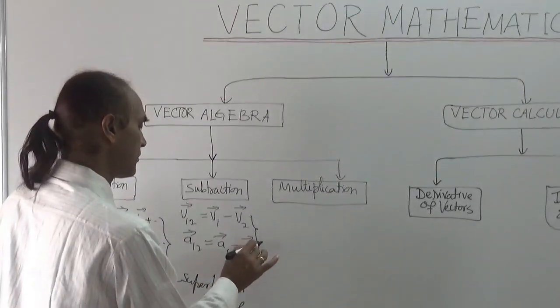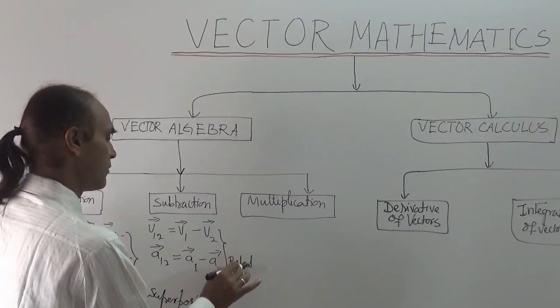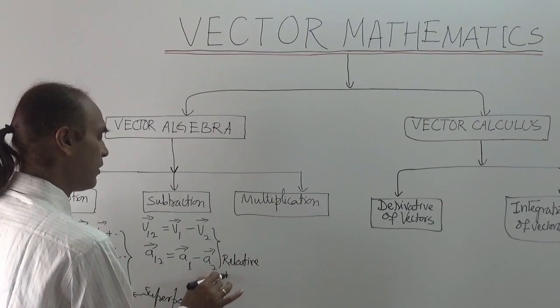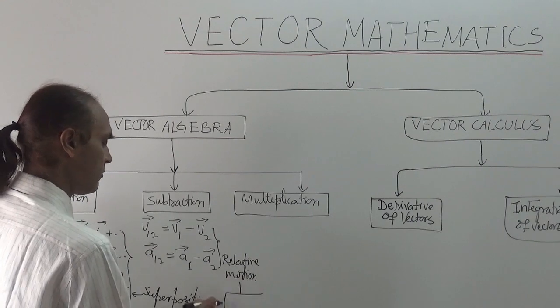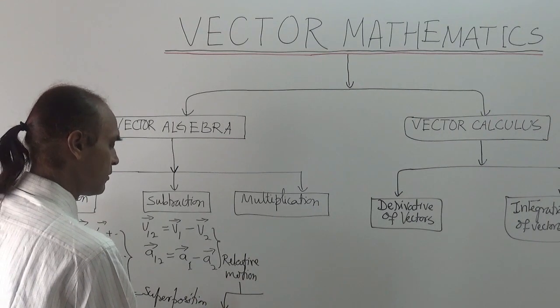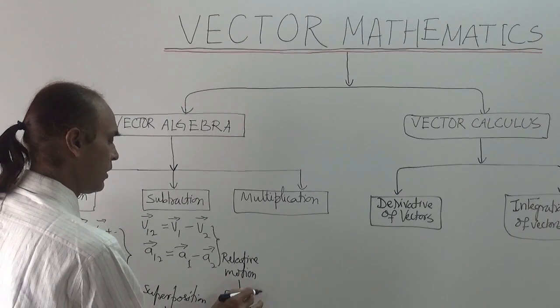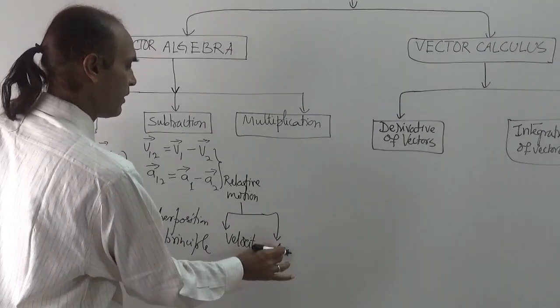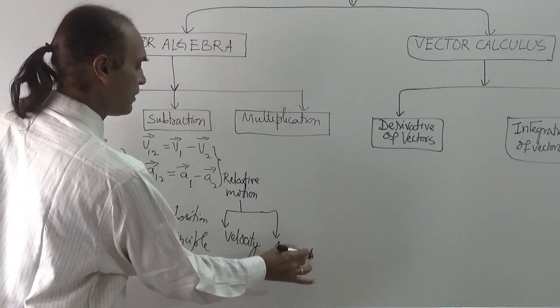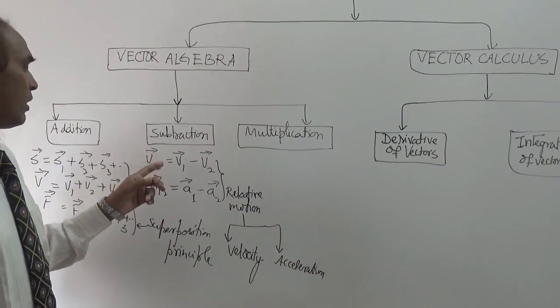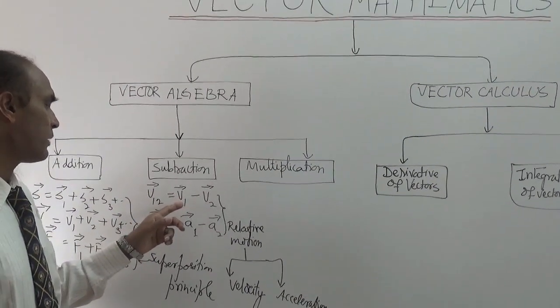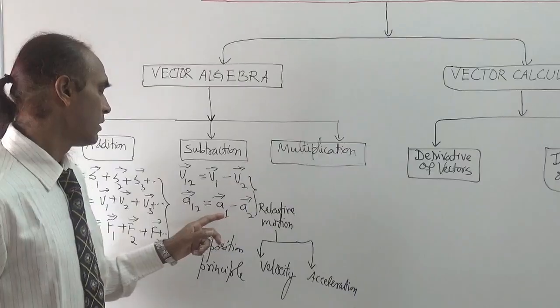And subtraction of vectors can be used mostly in the chapter of relative motion, relative velocity and relative acceleration. Velocity of 1 with respect to 2 can be given as velocity of 1 minus velocity of 2.